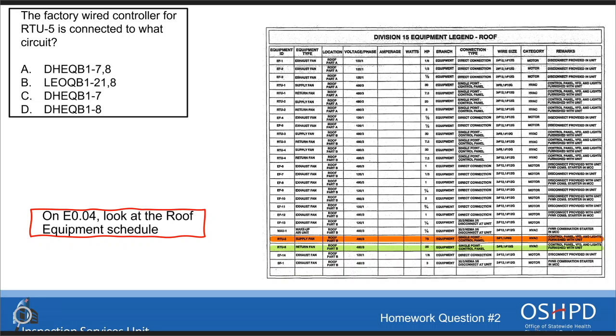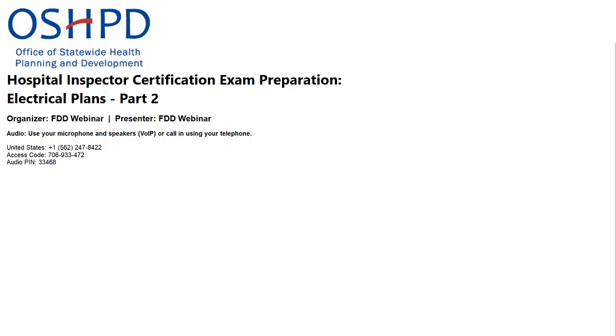It's M0.02, and it's right in the middle of the upper right hand of the page, on the right hand side. Sure, let me see if I can access that.